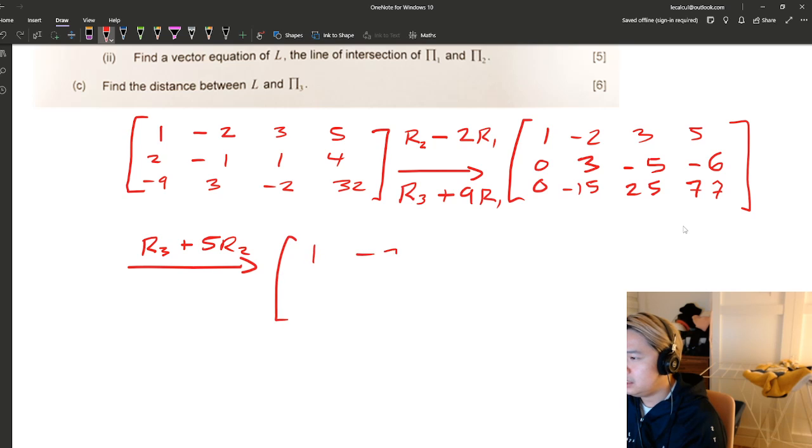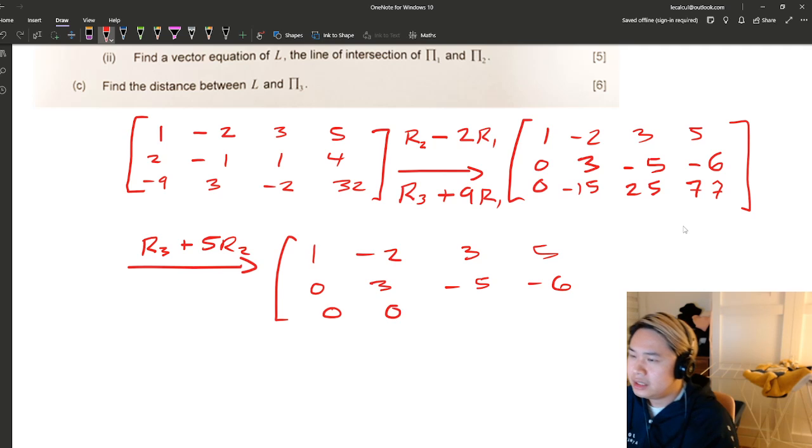So I got 1, -2, 3, 5, then 0, 3, -5, -6, then 0 and 0. 5 times -5 is -25, added to 25 is 0. And then 5 times -6 is -30, and -30 plus 77 is 47.